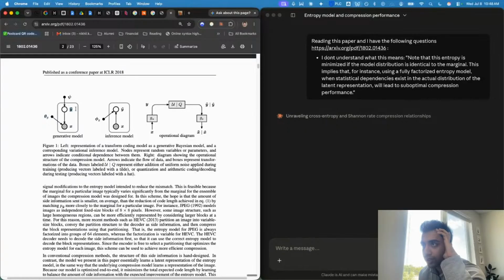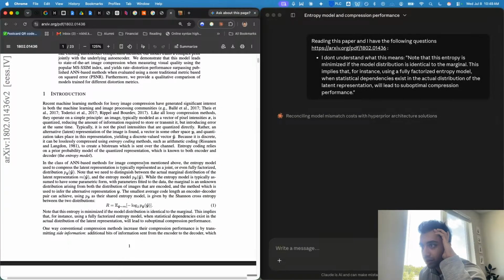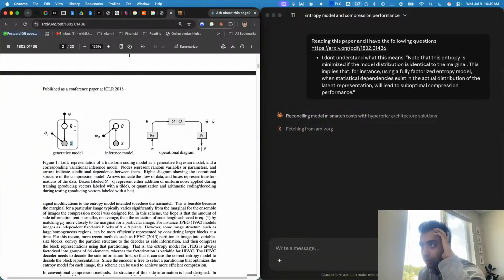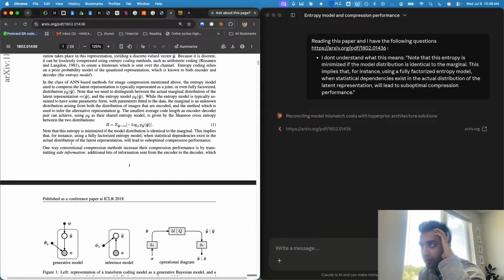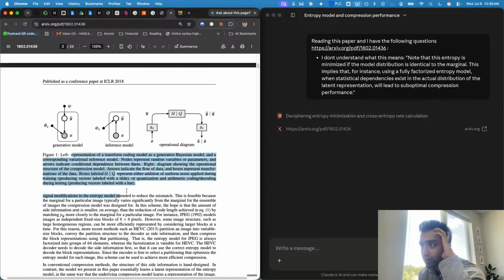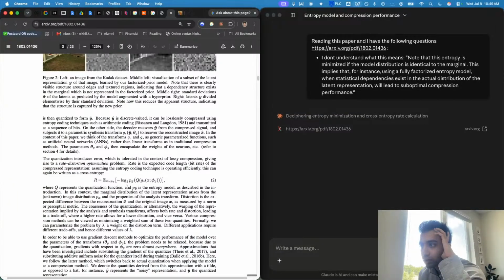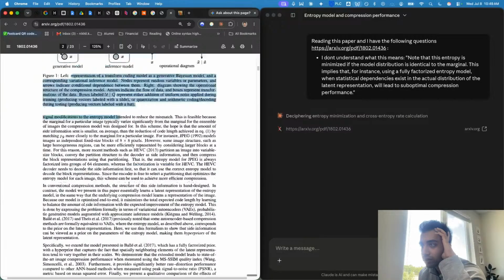You have your quantized latent. You have your actual image, the final rendered image, X tilde. Wait, where's X? It didn't define X tilde, but actually, wait, Y hat. Okay, I actually don't know what this means. I think I'm not supposed to be able to know what that means until later on. So skip that.